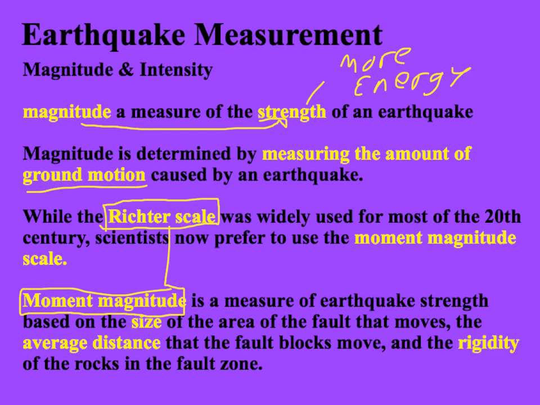It is a logarithmic scale, so each number on the scale is 10 times more powerful than the number before it. So a 4 on the Richter scale is 10 times more powerful than a 3, but 1/10 as powerful as a 5. So that's why when we start hearing about earthquakes that are measuring 7s and 8s, they're so deadly, because an earthquake that is an 8 is 1,000 times more powerful than an earthquake that is a 5.